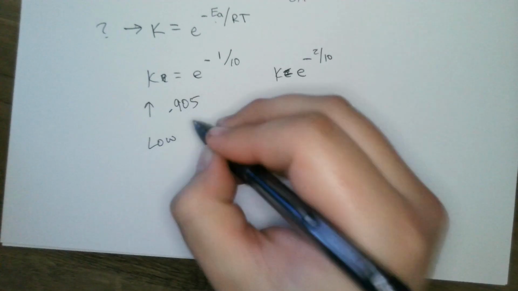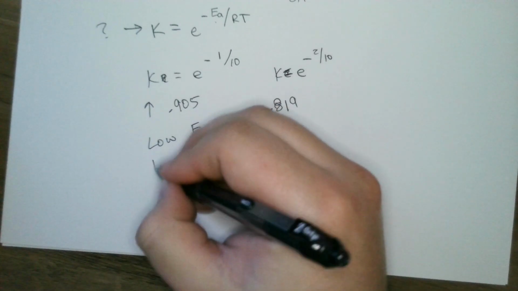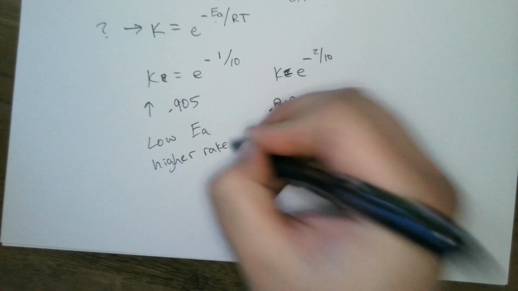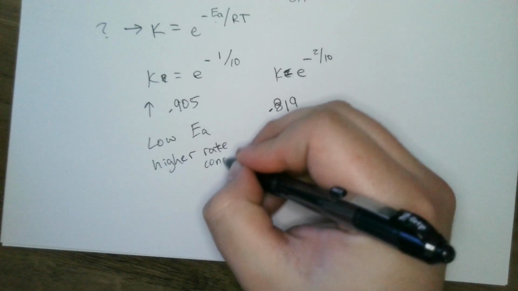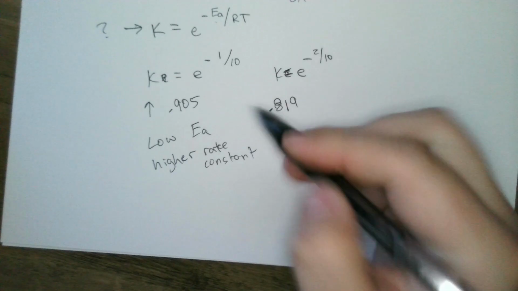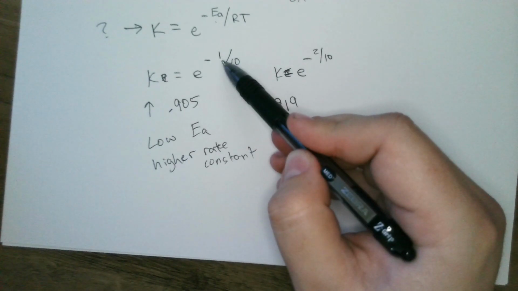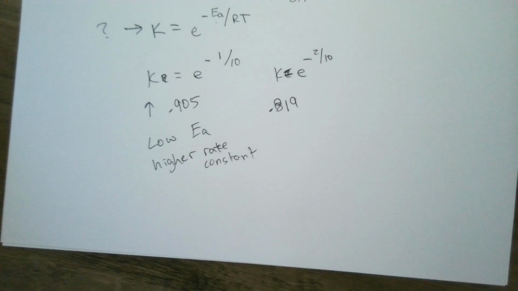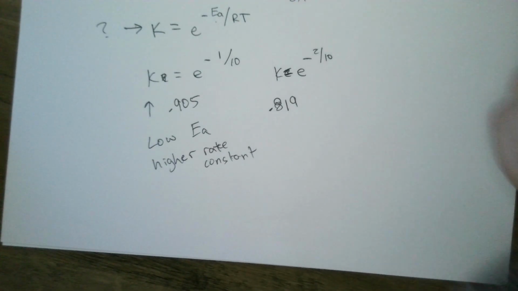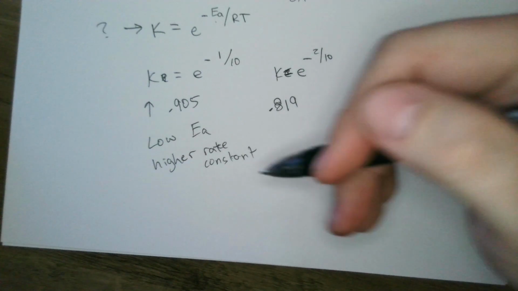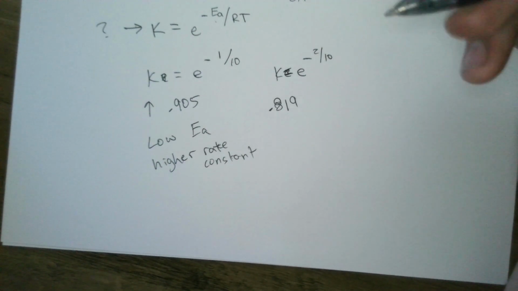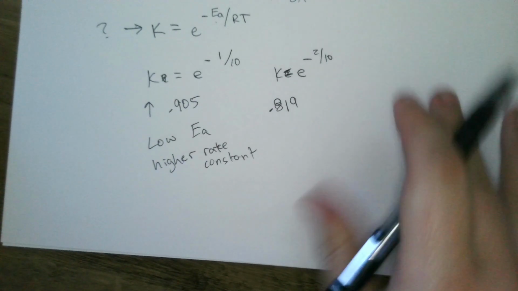Low activation energy, higher rate constant. This has a lower number up here for EA. Lower activation energy makes a higher rate constant, which makes sense. More of my particles are able to collide with enough energy to overcome and start the reaction, but only if my activation energy is high enough.